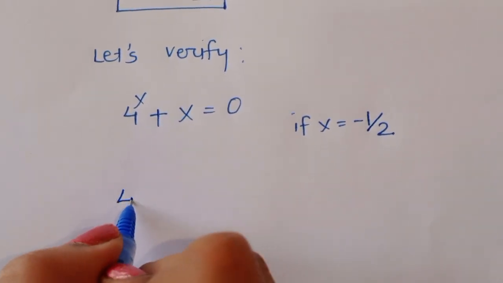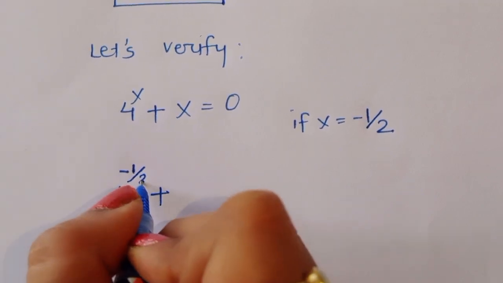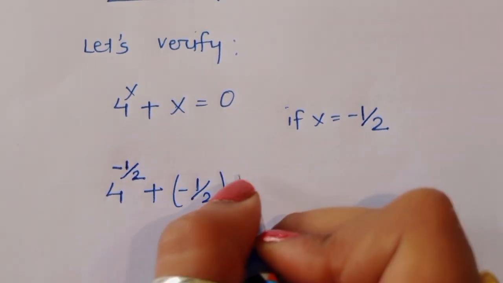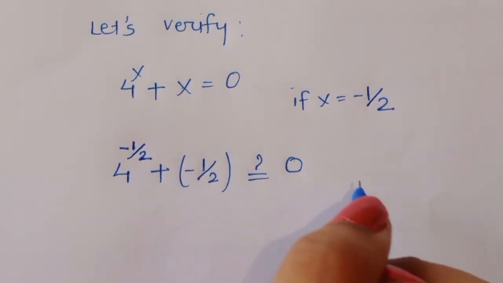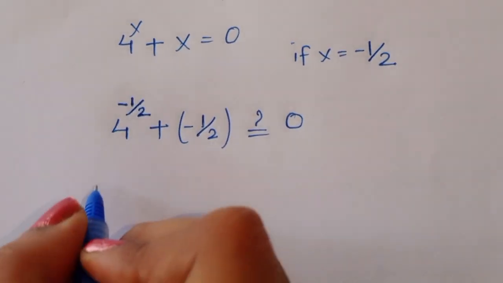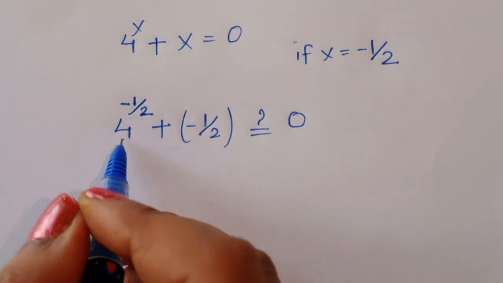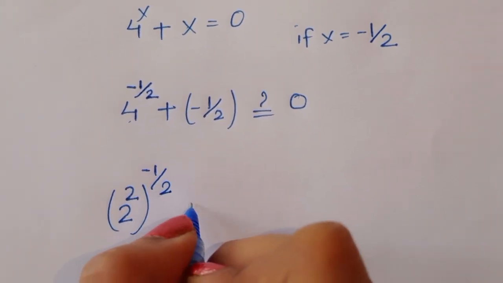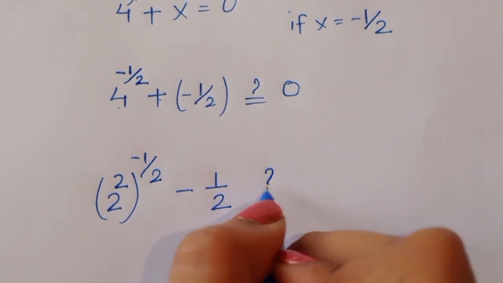So 4 power minus 1 upon 2 plus x, that is also minus 1 upon 2, question mark, equal to 0. We have to verify this value. So 4 power minus 1 upon 2, we can write as 2 power 2 to the power minus 1 upon 2, and plus minus, so minus 1 upon 2, question mark, 0.